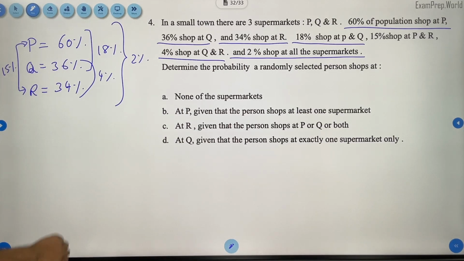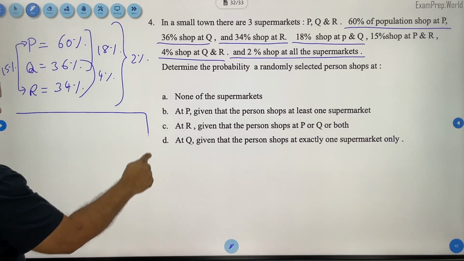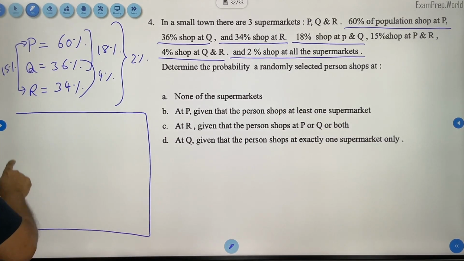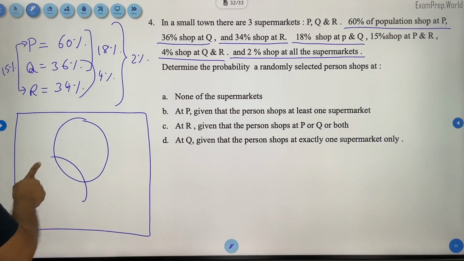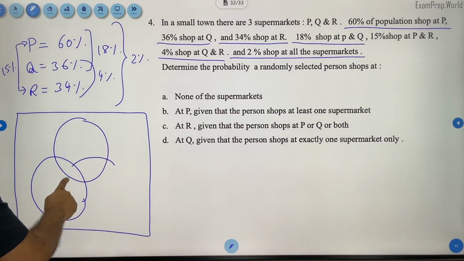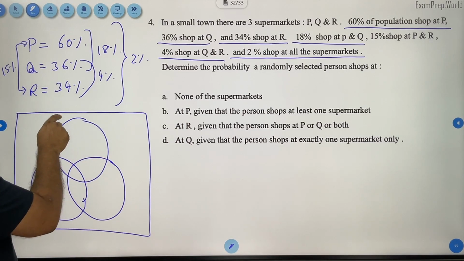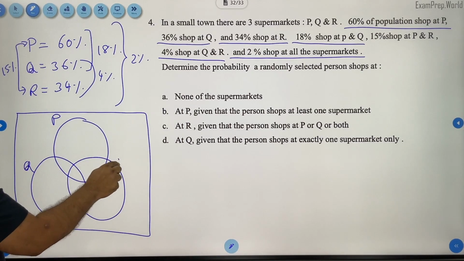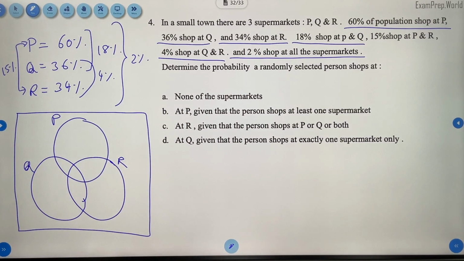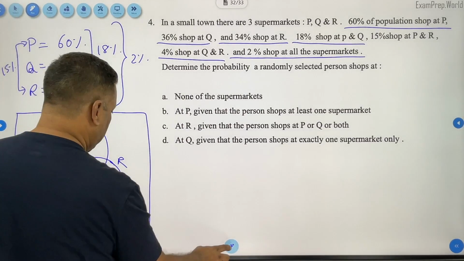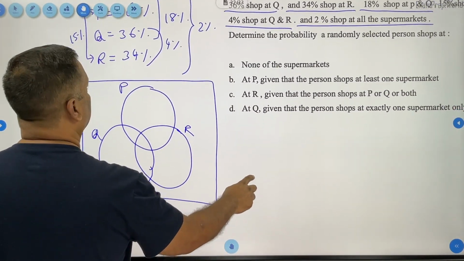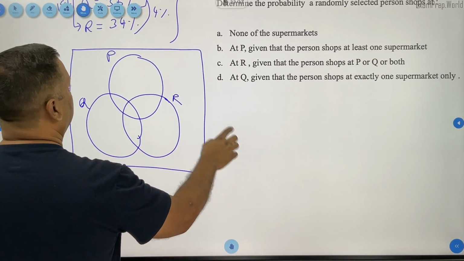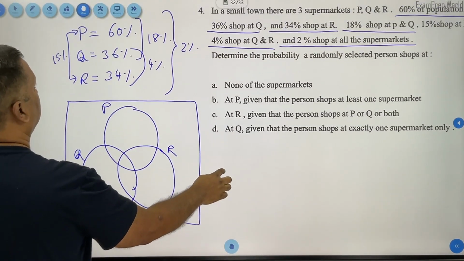So well, you have to draw a Venn diagram first. 3 circles, 1, 2, 3, P, Q and R. Okay, let me scroll it a little bit to the right side. You see, now the questions are here and our data is here.